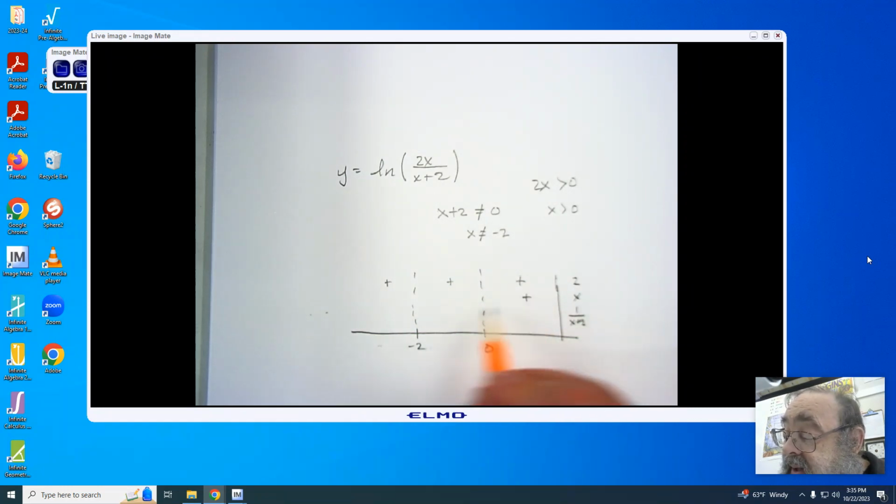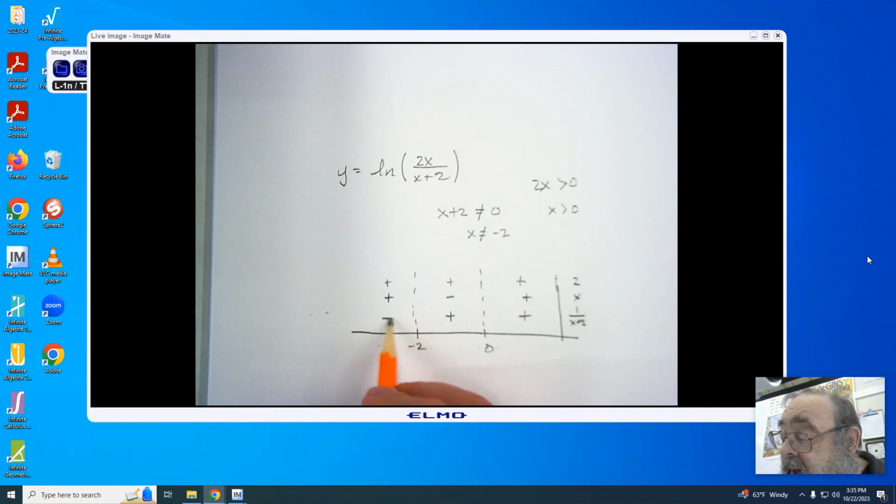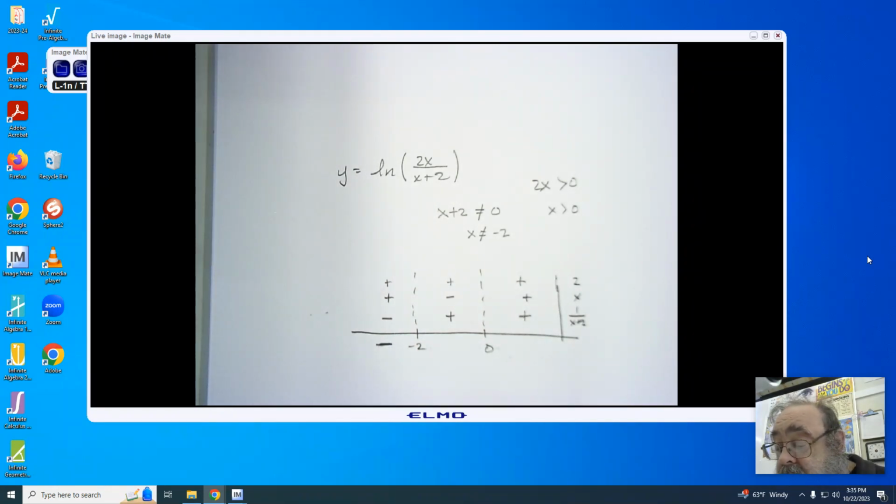We can see positives, negatives, and positives. And when we put in positive values, we can see it's positive here, it's going to be positive here, but it'll be negative here. Now notice, in this situation, this is always negative, and therefore we can't use it. This area will be negative, and we can't use it. This area is always positive.